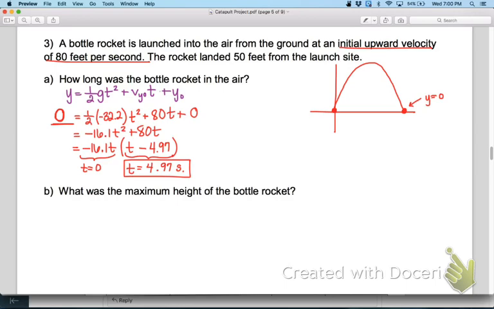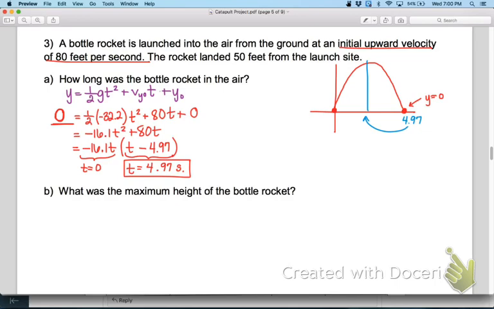Okay. So the next question is, what was the maximum height of the bottle rocket? Well, now let's go back to our picture, because we know a little bit more now. We know that this is at 4.97. So once again, where does the maximum height happen? That's going to be half of this time.